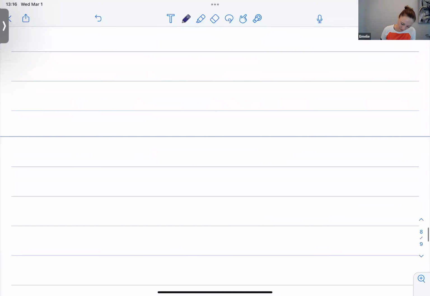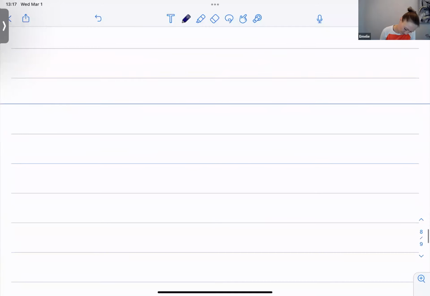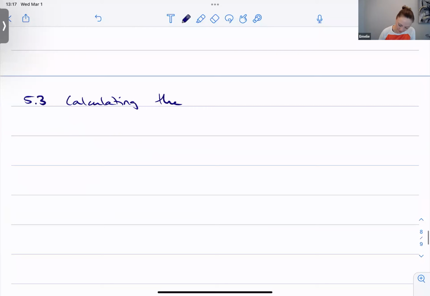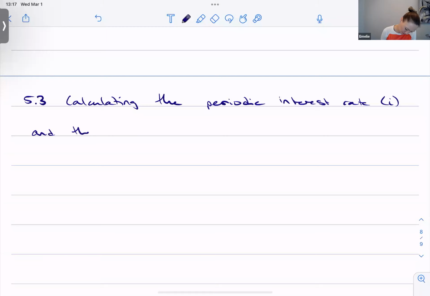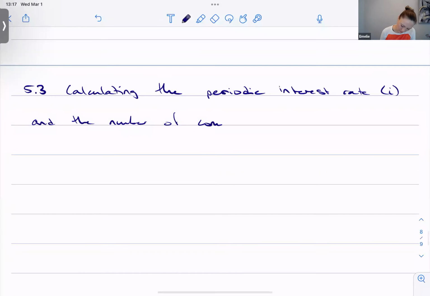I'm going to start it on a fresh page here. 5.3, calculating the periodic interest rate, which is I, and the number of compoundings or compounding periods, which is n.